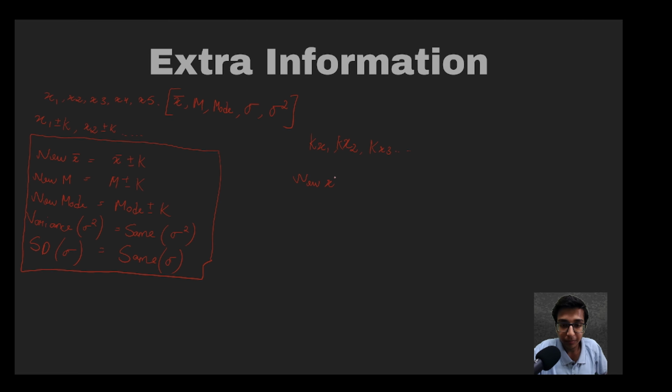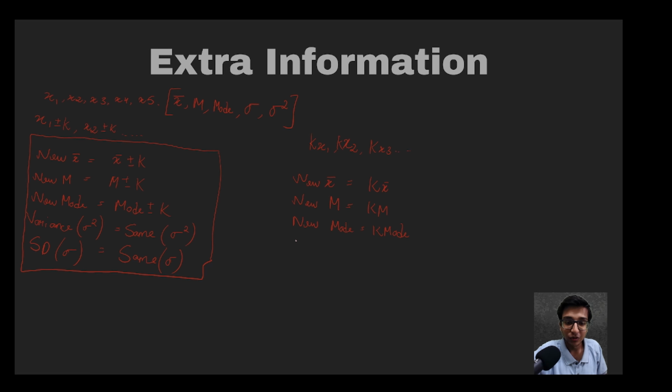My new median would become k times the old median. My new mode would become k times the old mode. If k is multiplied to each and every term of the data set, then our new mean, median and mode would also be multiplied by k.